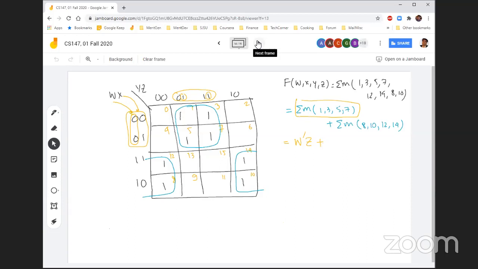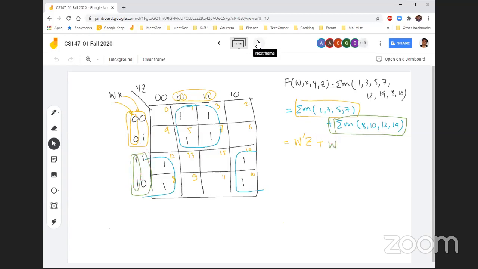Then the other one, sigma m of 8, 10, 12, 14. For that case, w is constant at 1, so that becomes w.